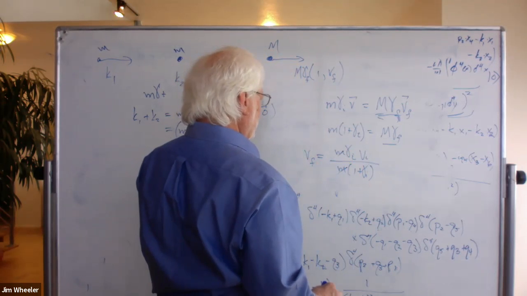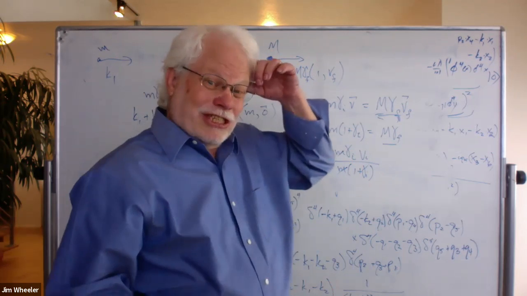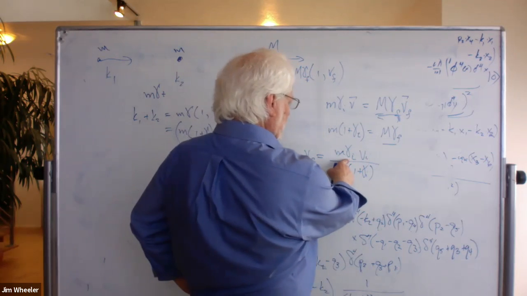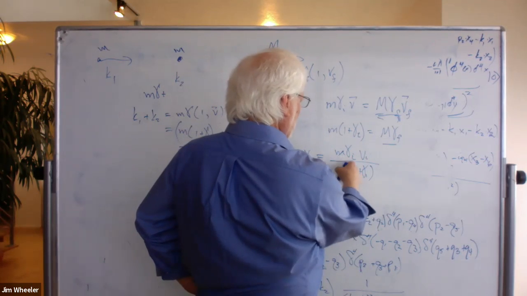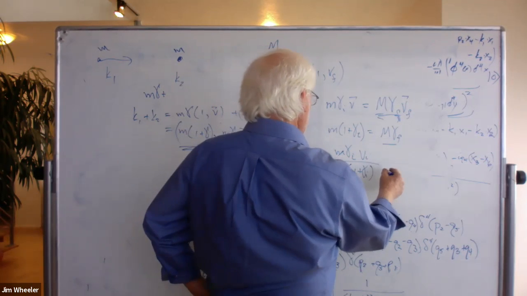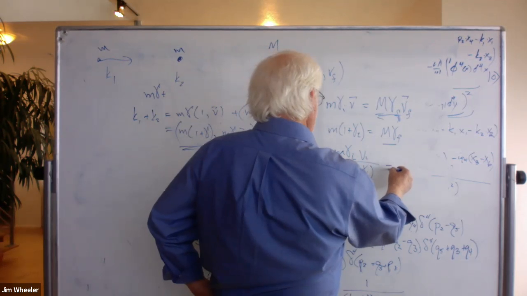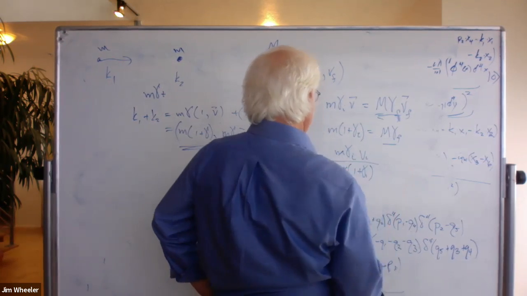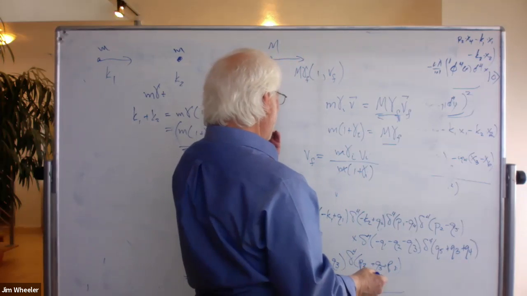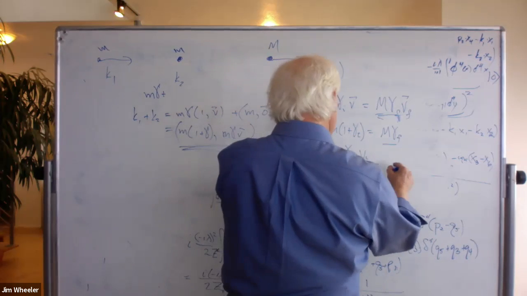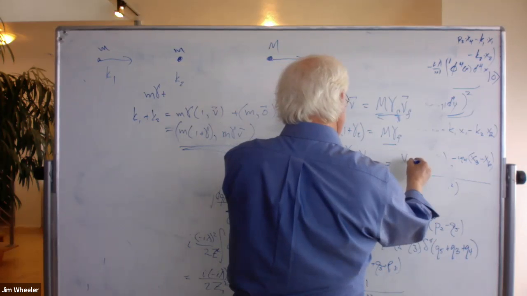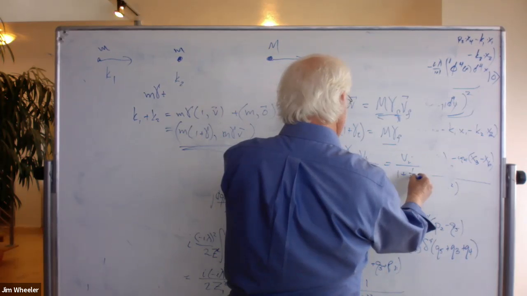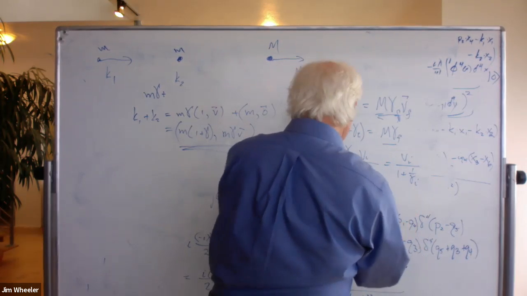If the speed is close to the speed of light, maybe we'll make it ultra relativistic, this gamma is really large. So let's divide by this gamma. So we have V initial over 1 plus 1 over gamma, where this gamma is big.